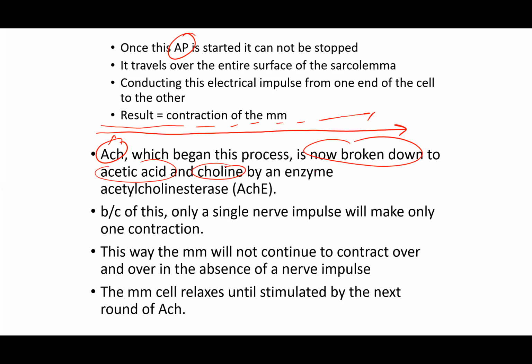And the enzyme that does that is acetylcholine esterase. Remember, every time you add ace to a word, you know you're dealing with an enzyme. So acetylcholine is broken down into its individual ingredients, acetic acid and choline.